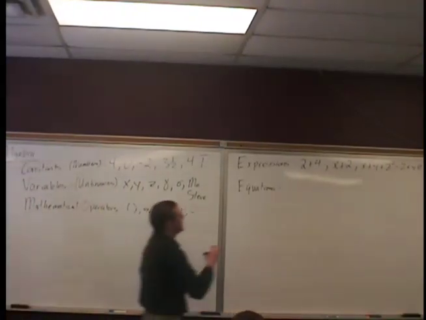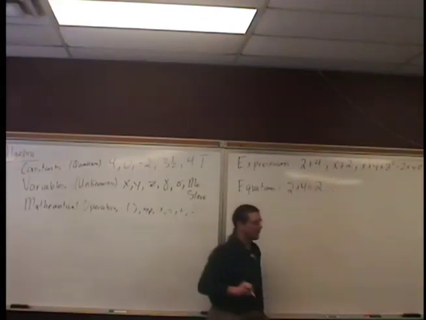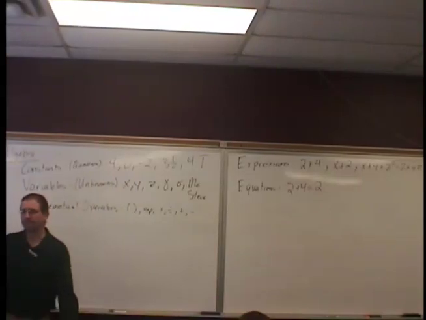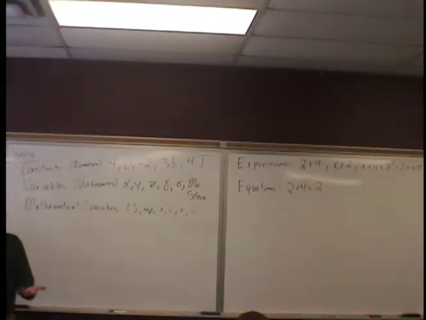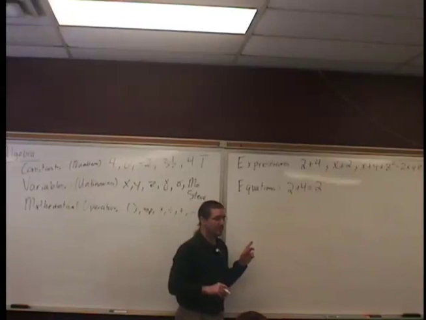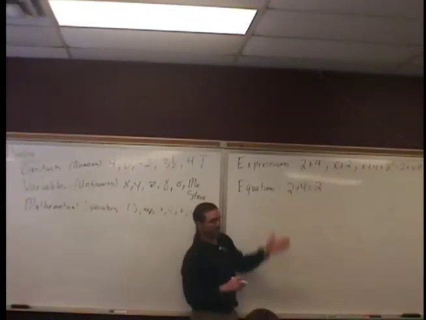And equations have an equal sign. Equations can also have a true or false value associated with them. Because 2 plus 4 equals 2? Yeah, no. That would be called a false equation, all right?